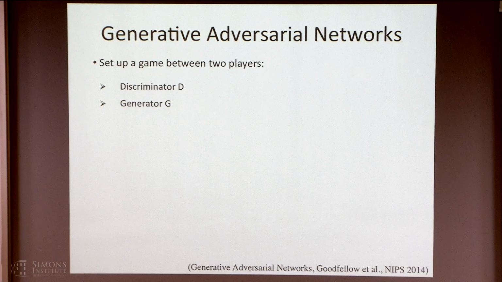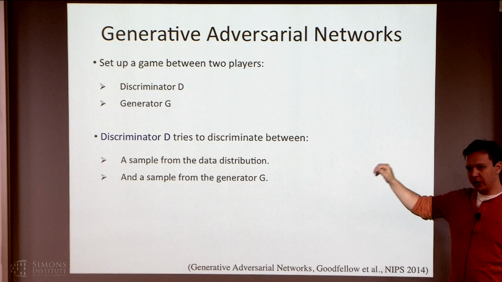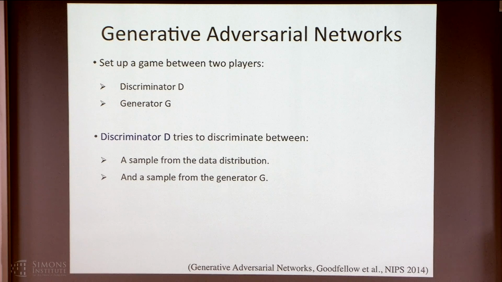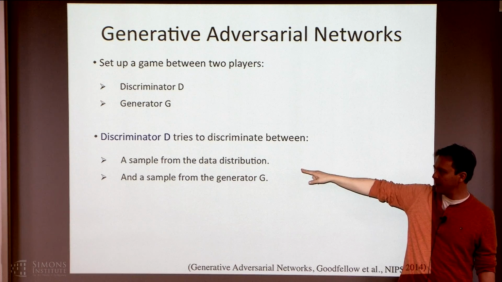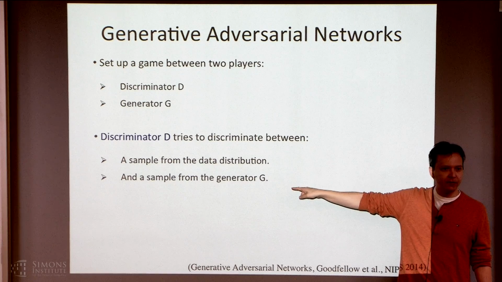And the idea is the following. You're setting up a game between two players. You have a discriminator and you have a generator. Okay? So the role of the discriminator, and think of the discriminator as just a neural net or a convolutional net or some kind of model, is that it's trying to discriminate between a sample drawn from the data distribution or a sample drawn from your generative model.